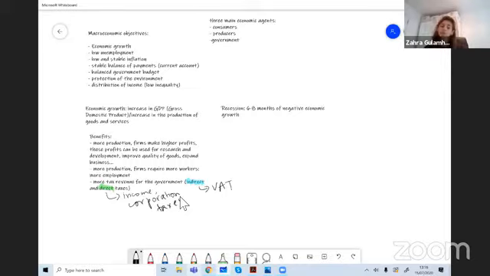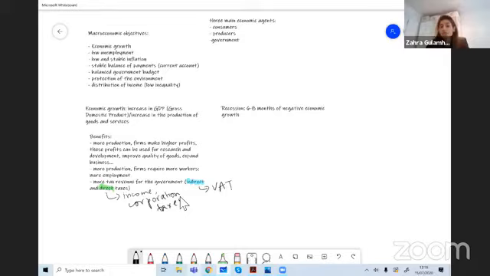Why will we have more income tax? Because of more employment. When people are working, there's more employment. They are going to pay more income tax to the government, and corporation taxes because businesses are producing more. They're making more money. So they're going to pay corporation taxes to the government.